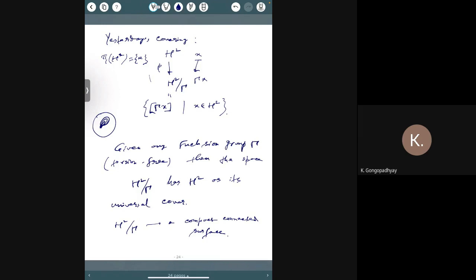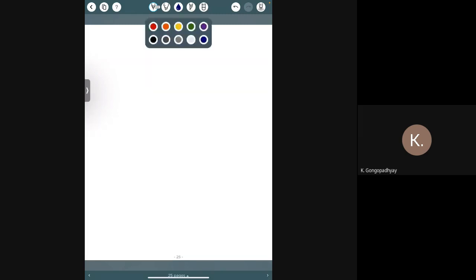This gives us the concept of a hyperbolic structure. So I will quickly recall what a hyperbolic structure is. In fact, I will make a more general definition.